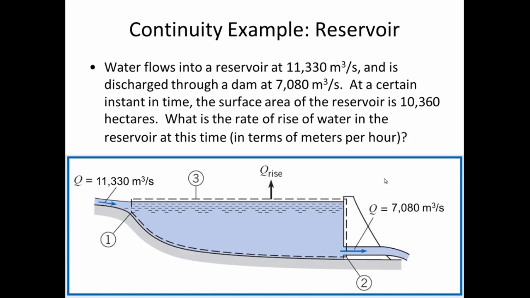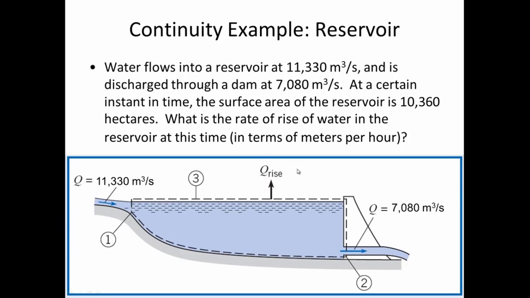In this example, we know that water comes into a reservoir at a flow rate of 11,330 cubic meters per second, and it's discharged through a dam at 7,080 cubic meters per second. At this instant in time, the surface area of the reservoir is 10,360 hectares, and we want to find out how quickly the water is rising at that particular time.